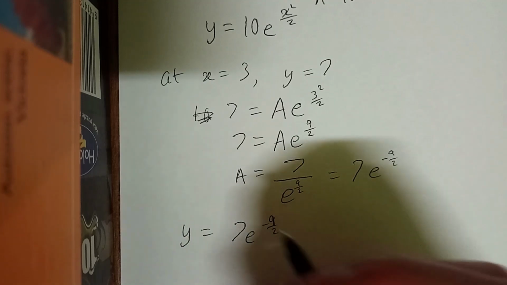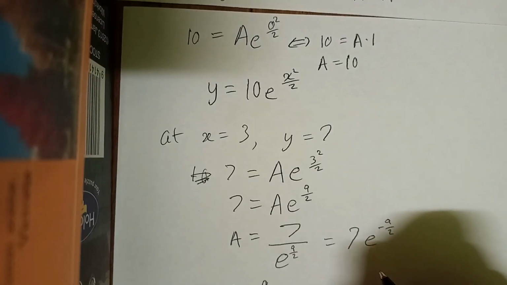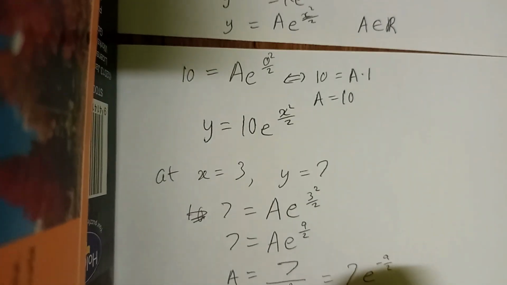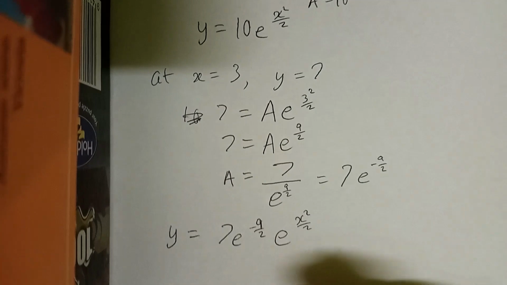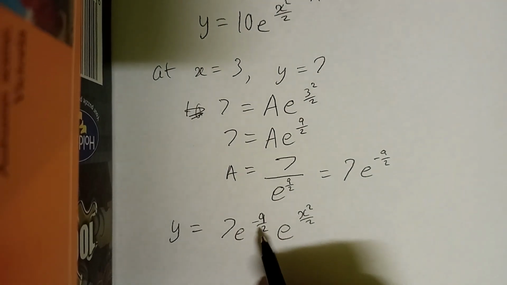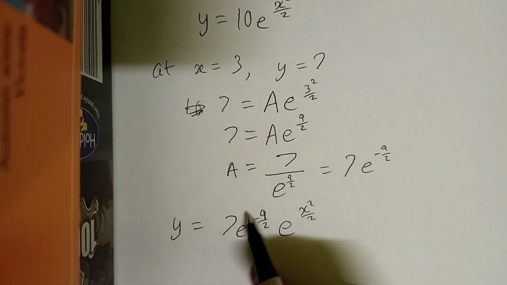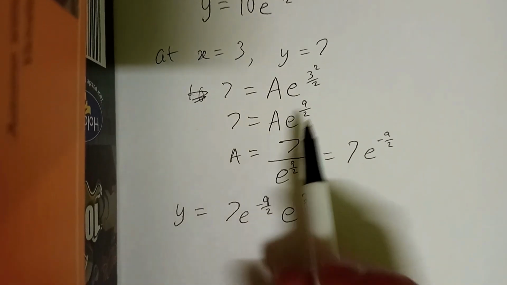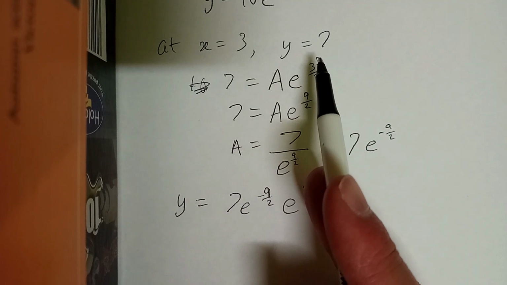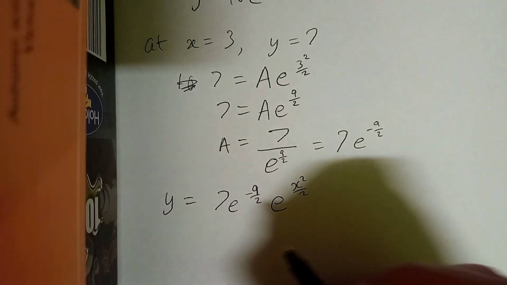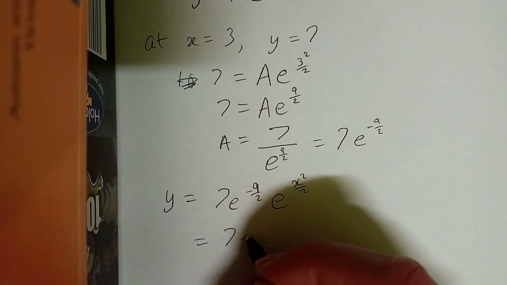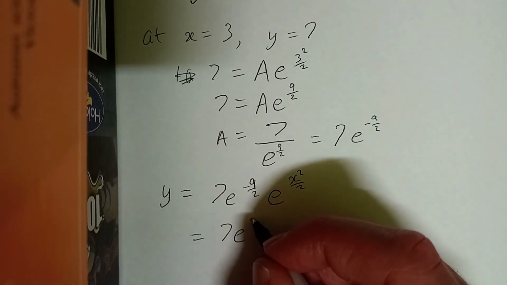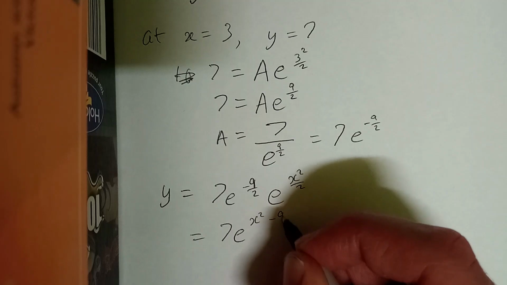So it's just a constant times our exponential of x squared over 2. So our constant coefficient a is now 7e to the negative 9 over 2, because we had this condition. We could also write this as 7e to the x squared minus 9 over 2.